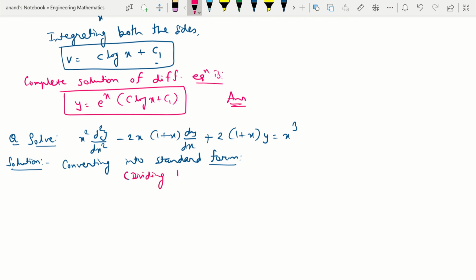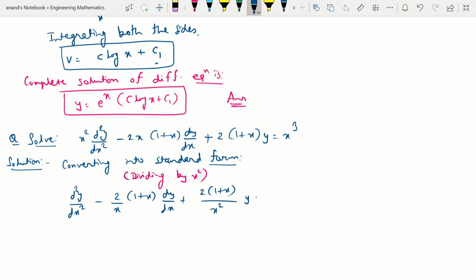Dividing by x², we get d²y/dx² − (2/x)(1 + x) dy/dx + (2(1 + x)/x²) y = x.